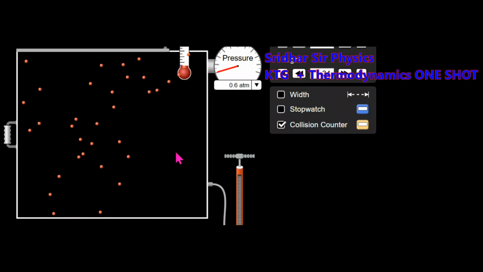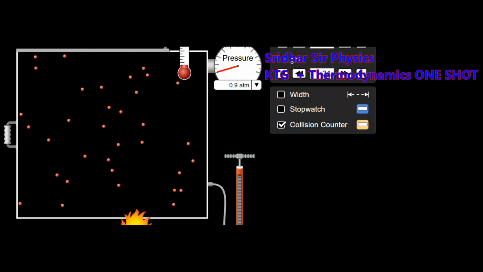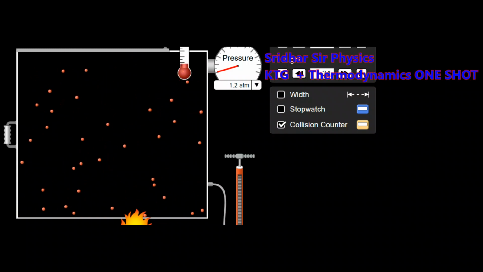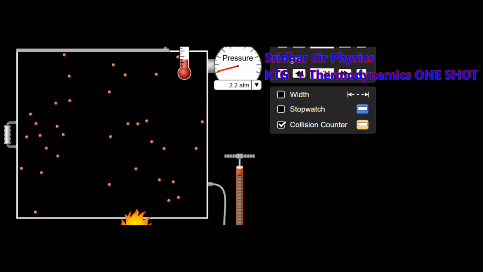As I increase temperature, you can see that the number of collisions is increasing.